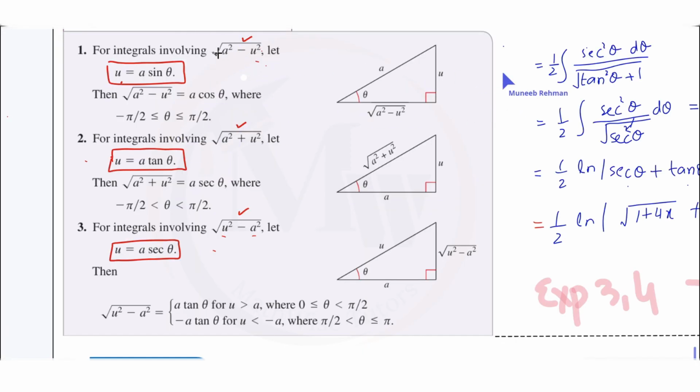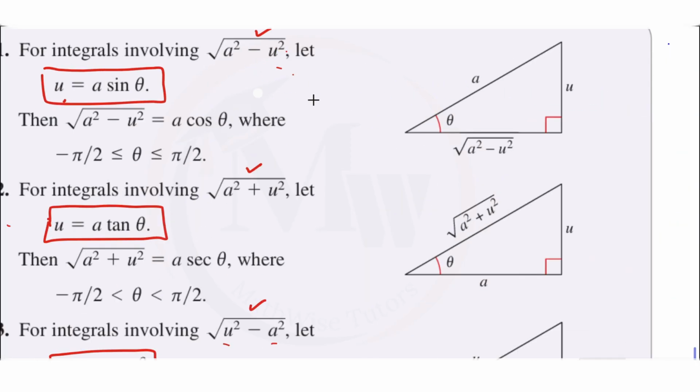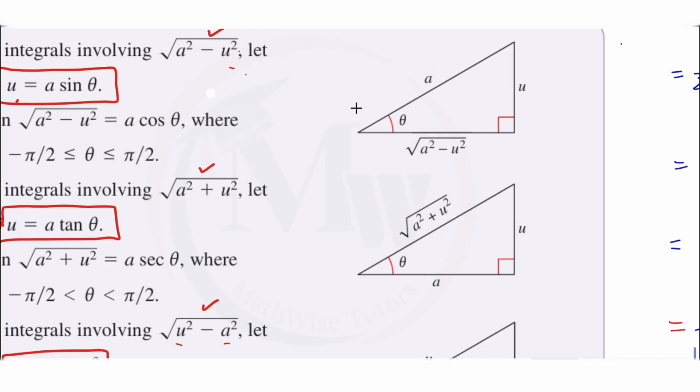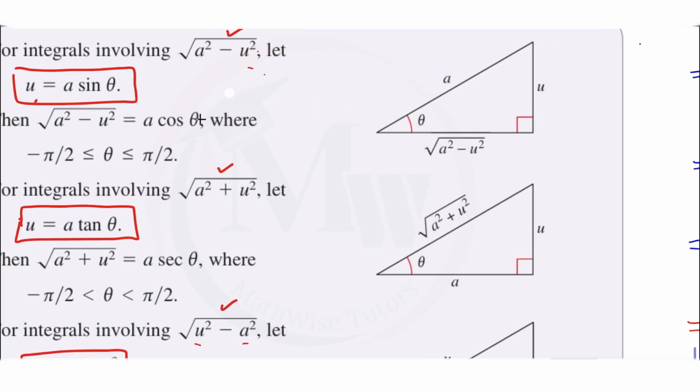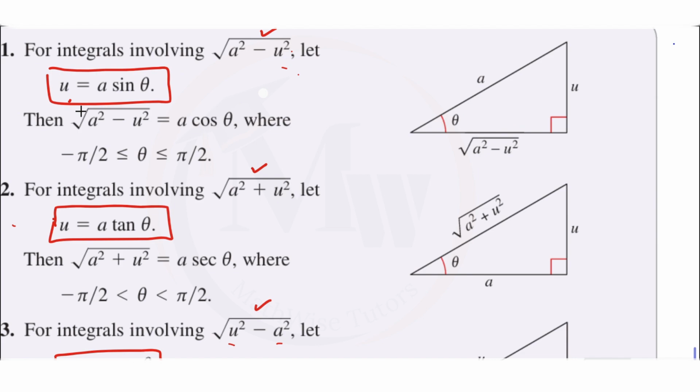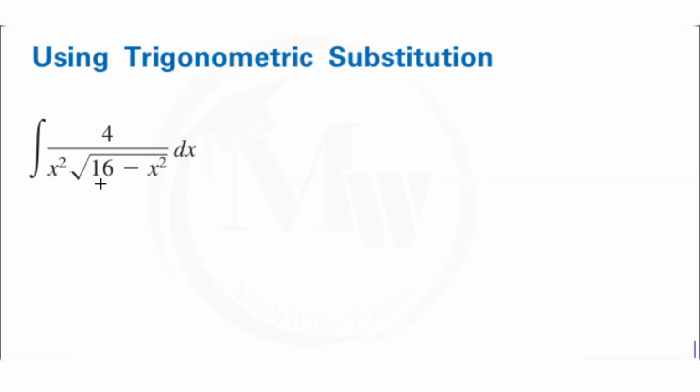If you have a square constant first and then the variable u square, it means we use u equal to a sine theta. 16 is 4 square. So if you write it in the form of a, it would look like 4 square minus x square.